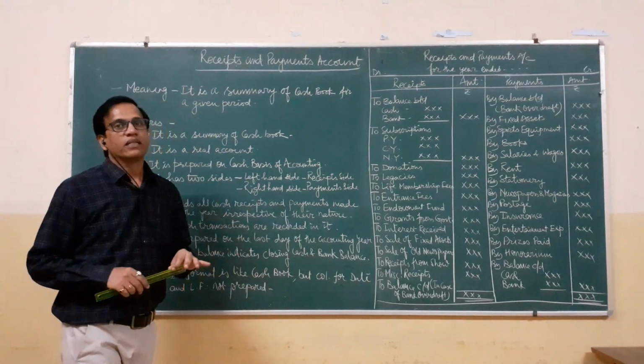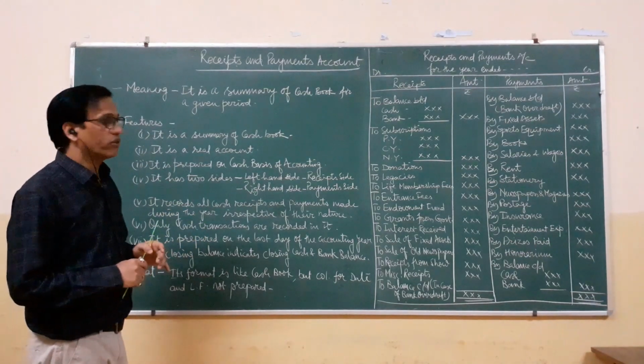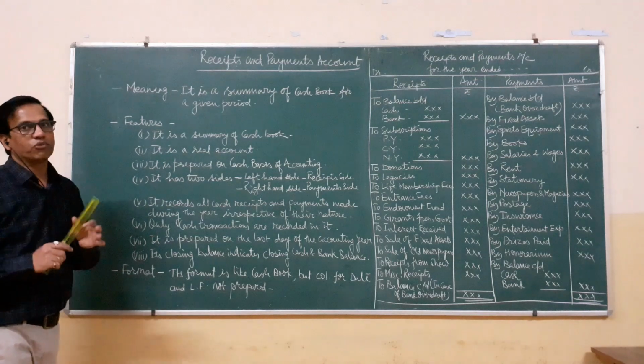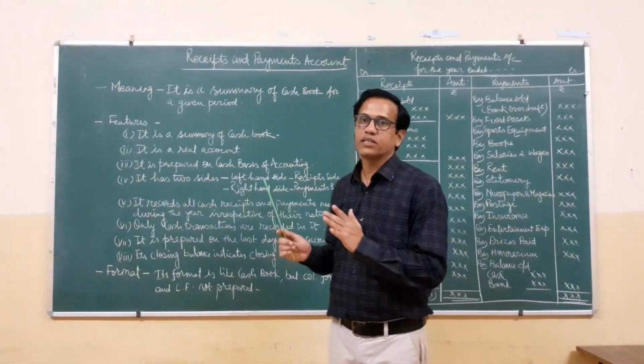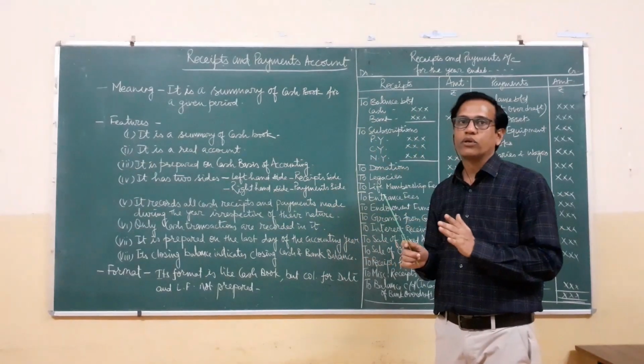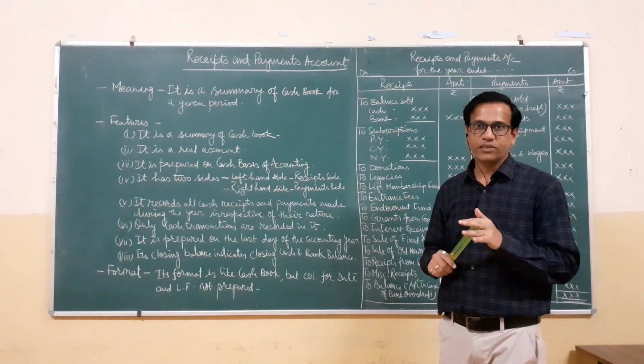So in the format there is no need to prepare the columns for date and the ledger folio. Otherwise it is simply cash book, and the closing balance of this receipts and payments account will indicate the closing cash and bank balance.